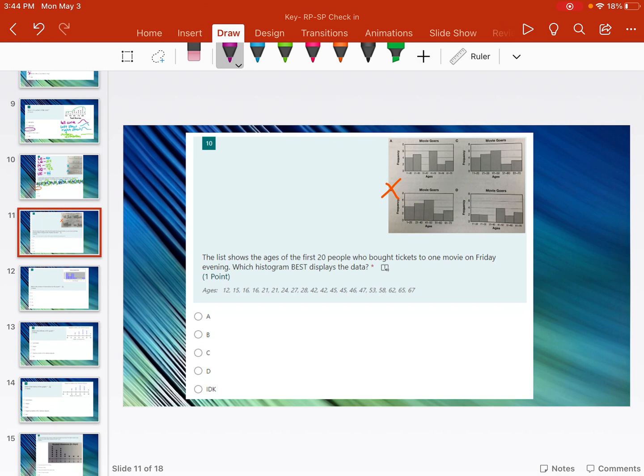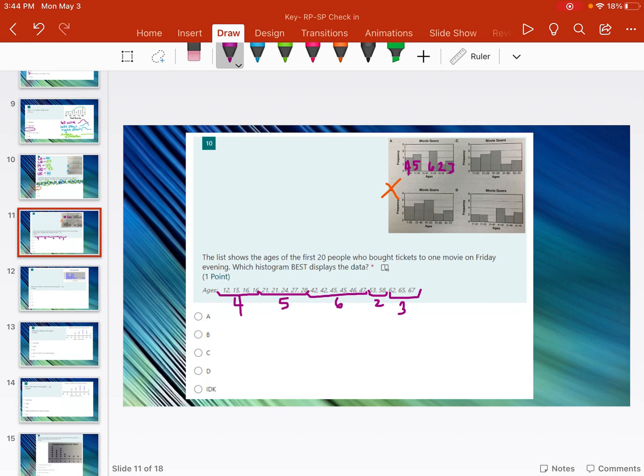It looks like these 4 numbers are between 11 and 20, and that's what they said it was going to be for A. Then 21 through 30 is 1, 2, 3, 4, that's 5 numbers, and they said it was going to be 5. 31 to 40, there aren't any, just like they said. 41 to 50 is right here: 1, 2, 3, 4, 5, 6, and that's what they said it was going to be. 51 to 60 is these 2, they said 2, and 61 to 70 is 3, they said 3. So that looks perfect. I'm going to go ahead and look at the next one.